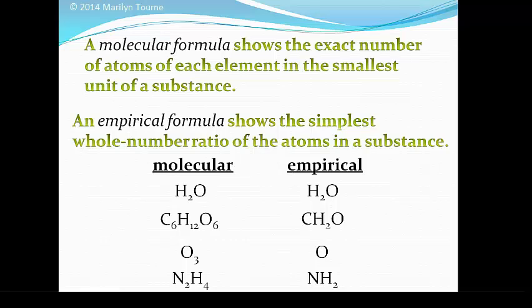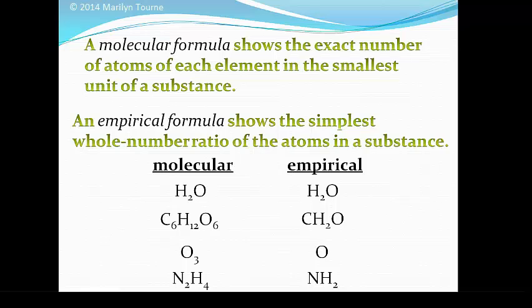Now, an empirical formula shows the simplest whole number ratio of the atoms in a substance. So basically, you're taking the least common multiple, I think it's called in math. But for example, H2O, what would be the empirical formula? You basically ask yourself, can I divide anything into those numbers? H2O, not really, right? Because that's in its simplest form. What about C6H12O6?